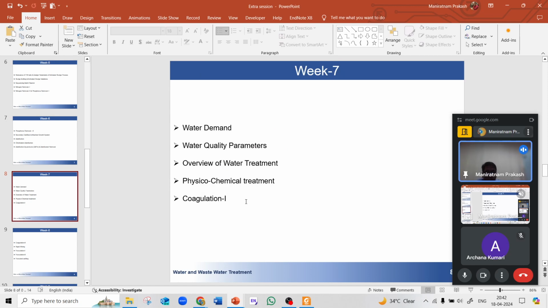So first we discuss population projection. So with the help of arithmetic mean, geometric mean, and so on, we can predict the population in future. Our main target is to project the population, because we have to design parameters.